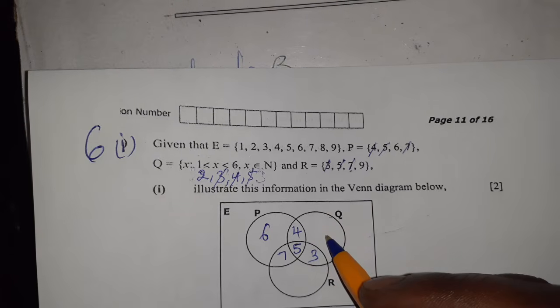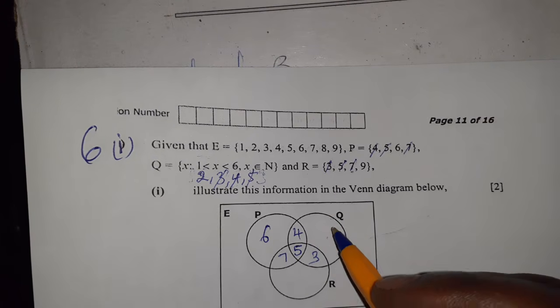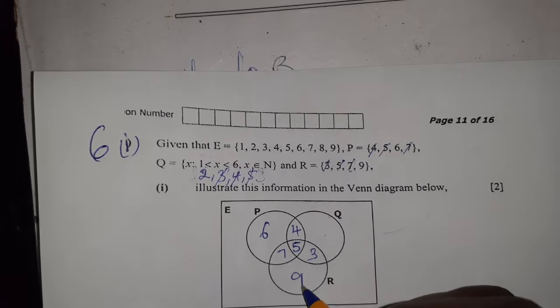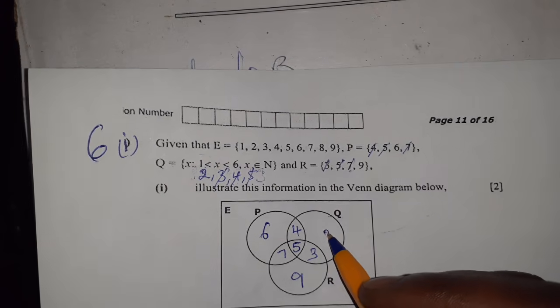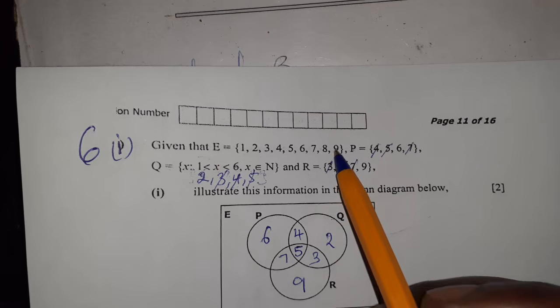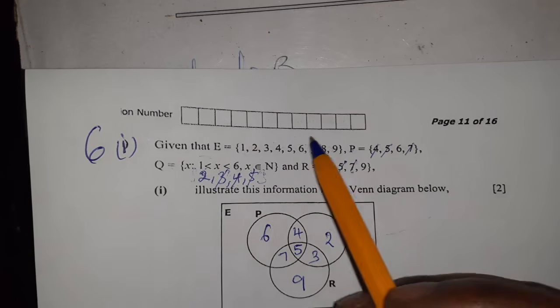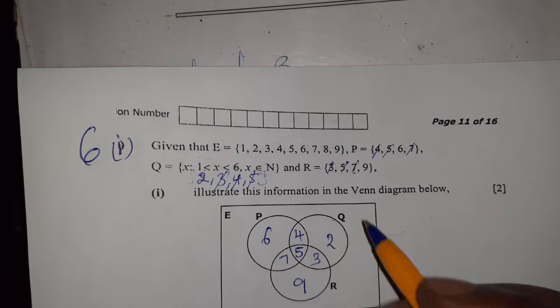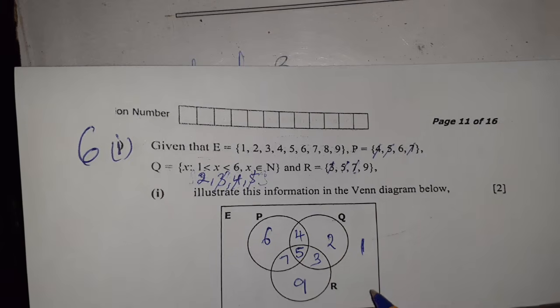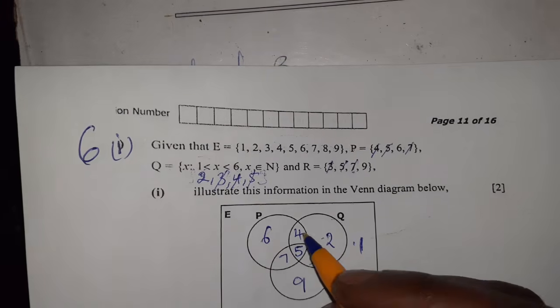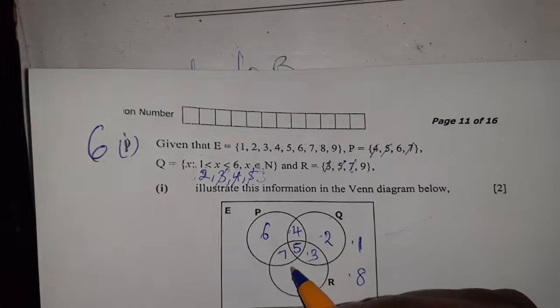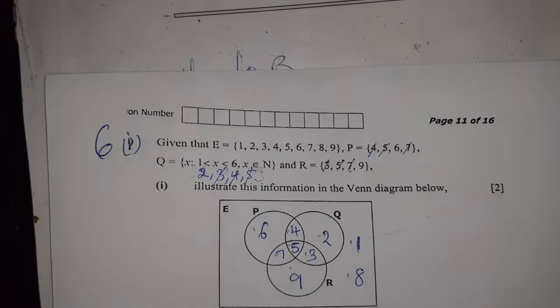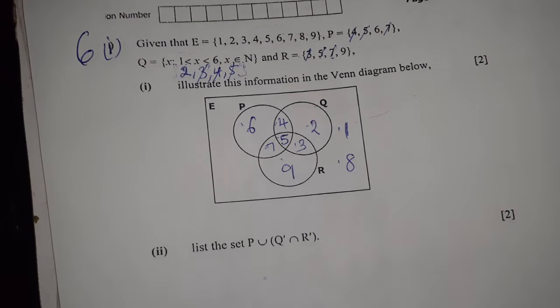R here it's 9, and Q, it's 2. Do we have elements that are still in the universal set, but they are not represented here? 1 and 8. Okay, these are the elements that we are talking about. So you get 2 marks for doing that.